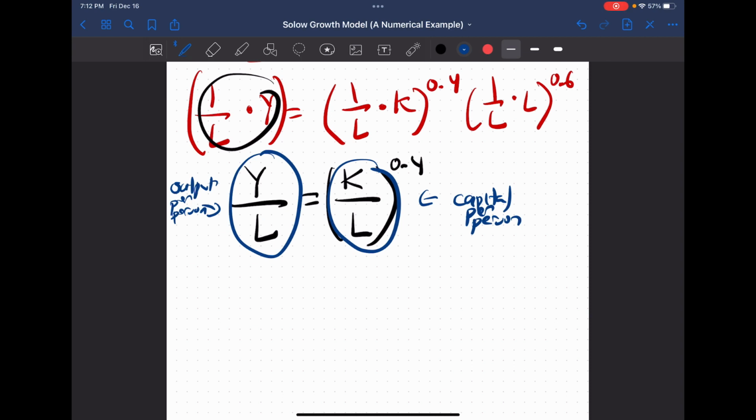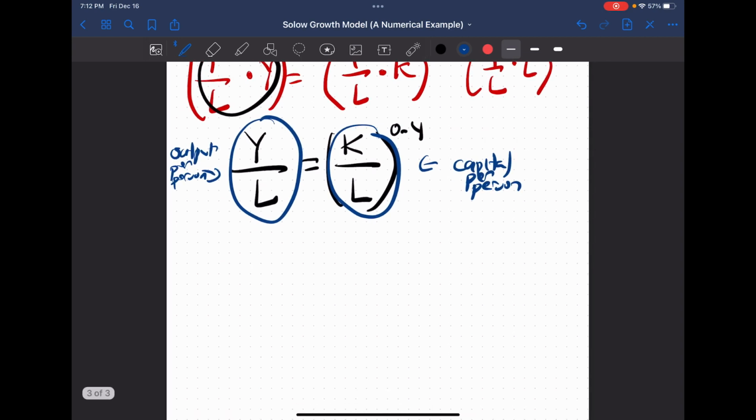So to simplify things further, we write Y over L as little y and K over L as little k. So if you see little k or little y in the Solow model, remember that k is not capital and y is not output. y is output per person, and k is capital per person.